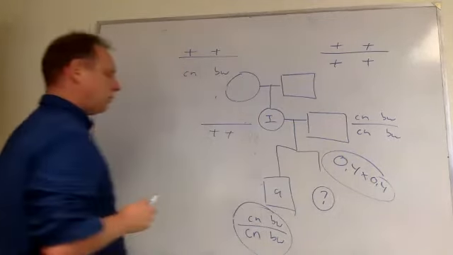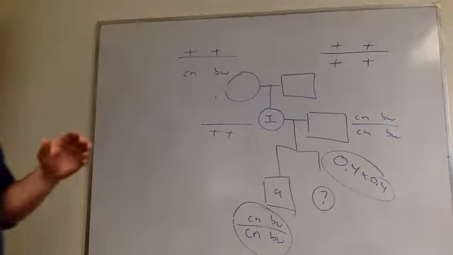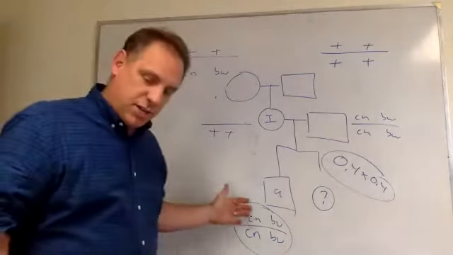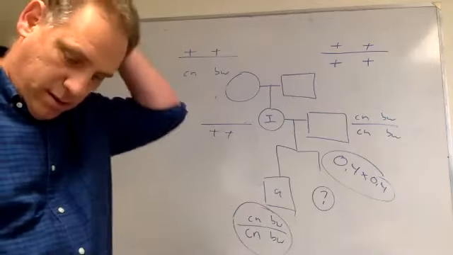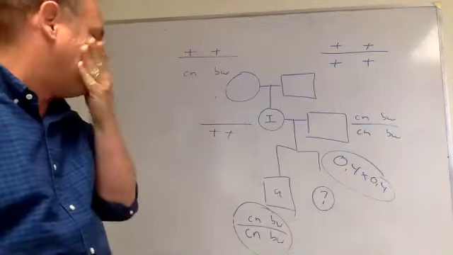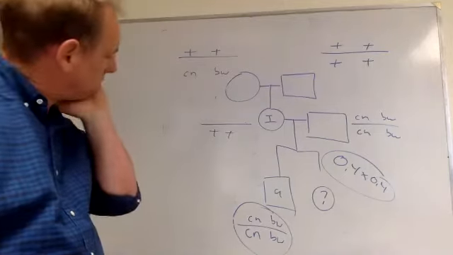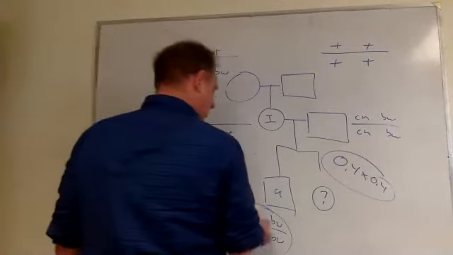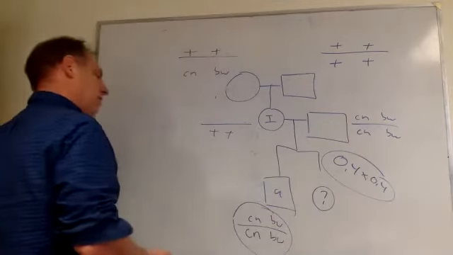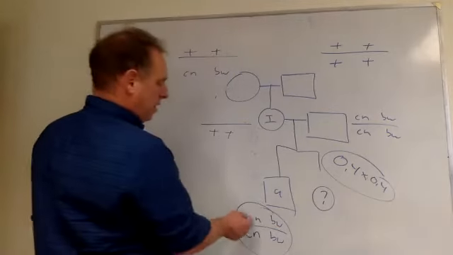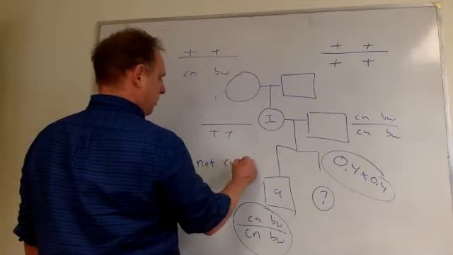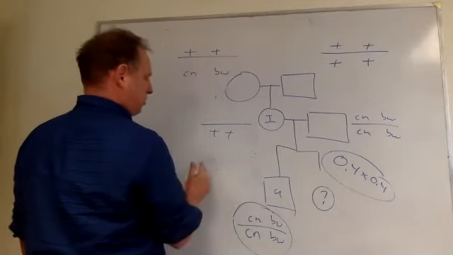Okay, now what happens though is that the first progeny is red-eyed. All right. So that means that not this allele, Cinnabar brown, is not transmitted.